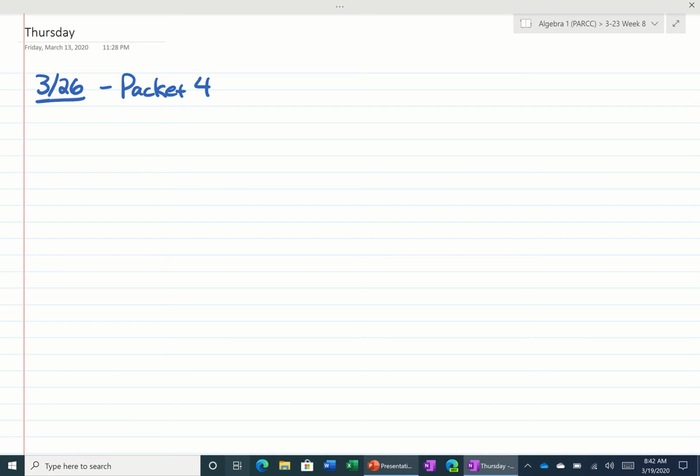let's start with some vocabulary. First thing is, what does it mean if a function f is increasing? Now, if a function is increasing, what that means is the y value is increasing from left to right.